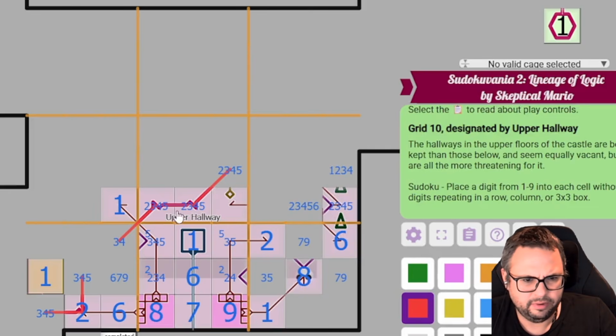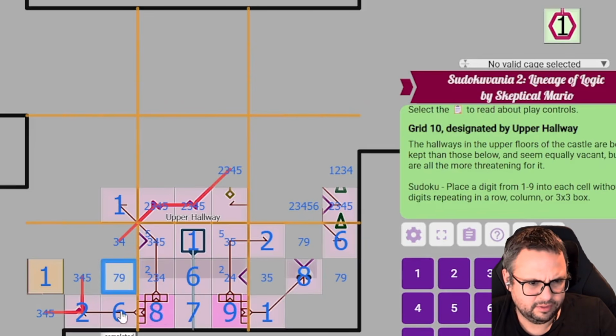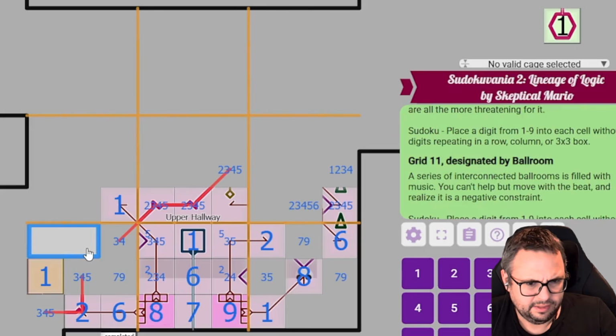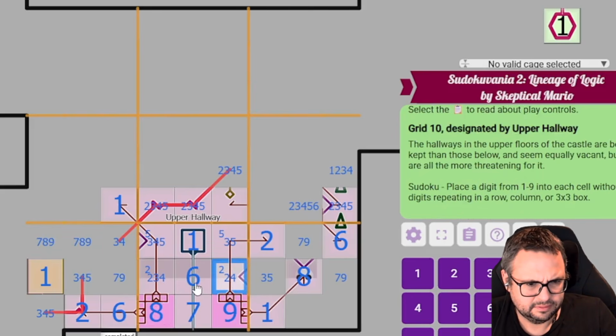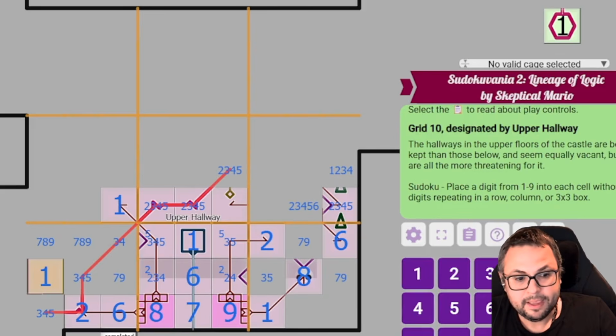I don't know. Okay, this is not a 6 anymore. There's 7, 8, 9. Okay, well, if those are 7, 8, 9, that certainly means the line does that.